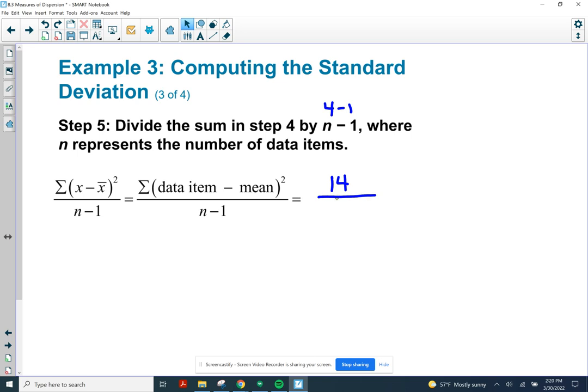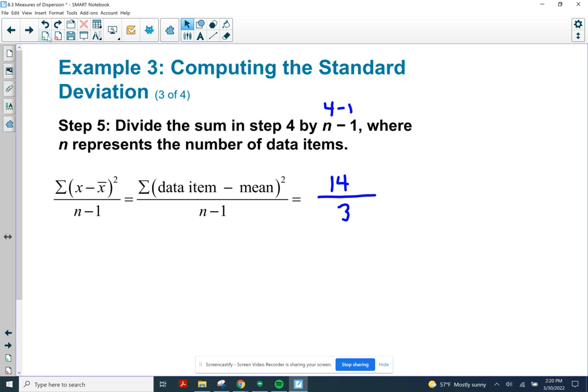And then we have to divide by n minus 1, which is 4 minus 1, which is 3. So we have 14 over 3. We might just leave it as 14 over 3. If you needed it as a decimal, we could do that, but I think we'll just leave it as 14 over 3.